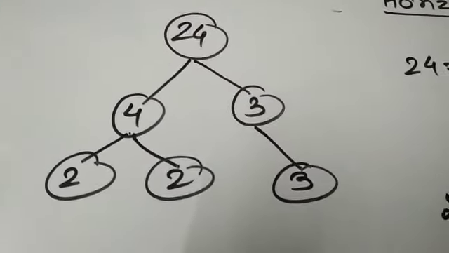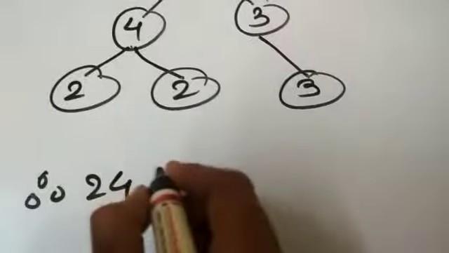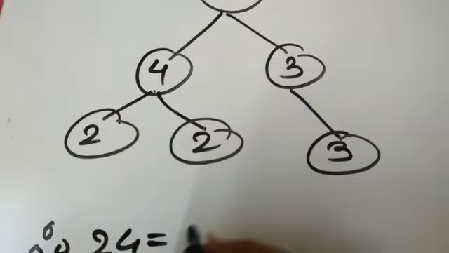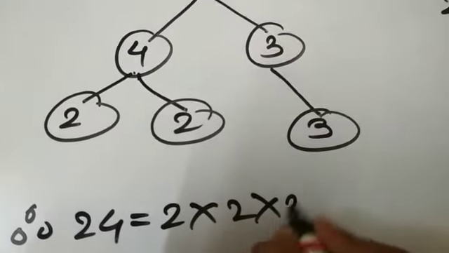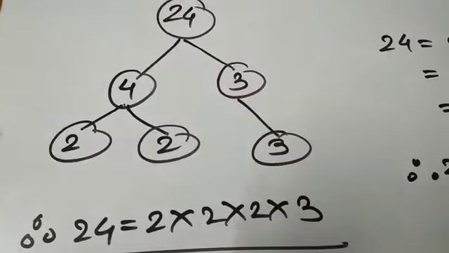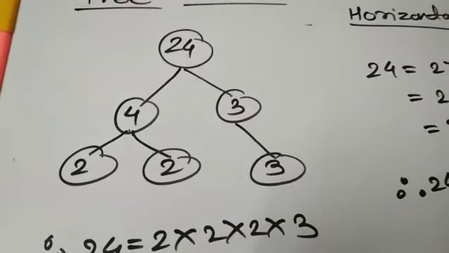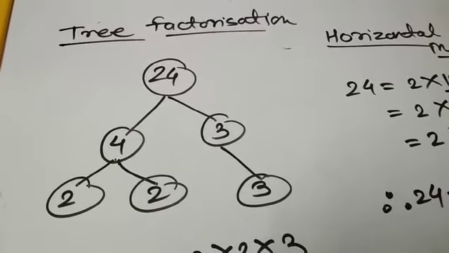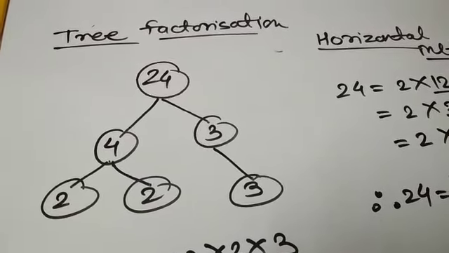Hence at the last step you end the prime factorization by writing all the numbers at the bottom, and it is nothing but the prime factorization of the number. I hope you understand all three methods. You can choose any one for prime factorization.